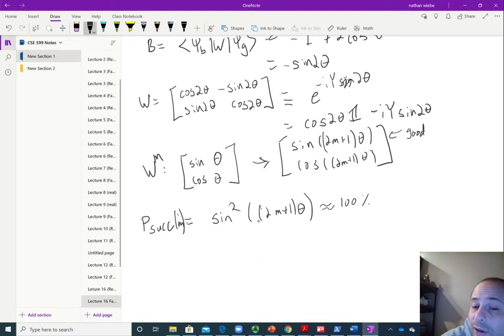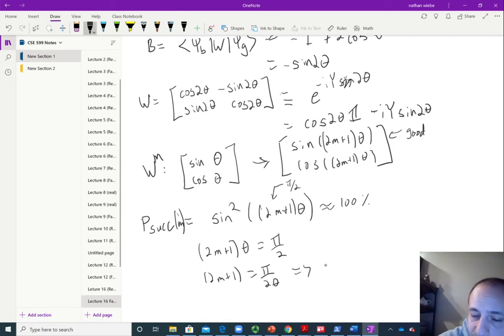Now sine squared is going to be 1 if the argument is pi by 2. So what we want is 2m plus 1 times theta equal to pi by 2, which implies that 2m plus 1 is equal to pi over 2 theta, which furthermore implies that m is equal to 1/2 of pi over 2 theta minus 1.